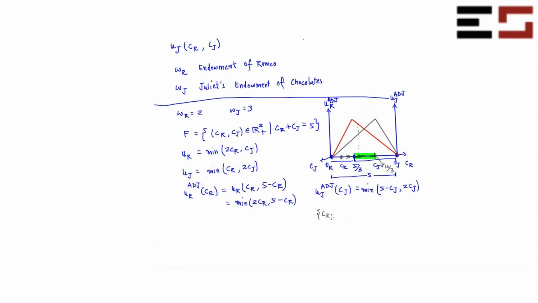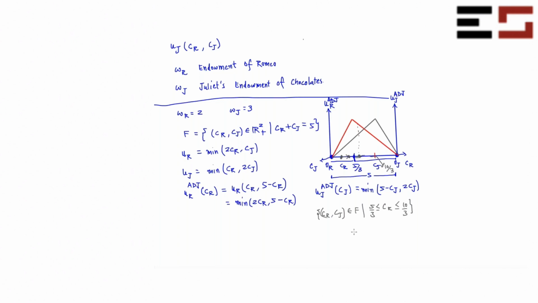It's (CR, CJ) belonging to F, such that CR is between 5/3 and 10/3. All these allocations are Pareto efficient. So all the feasible allocations that satisfy this property are Pareto efficient. Is this clear to everyone?